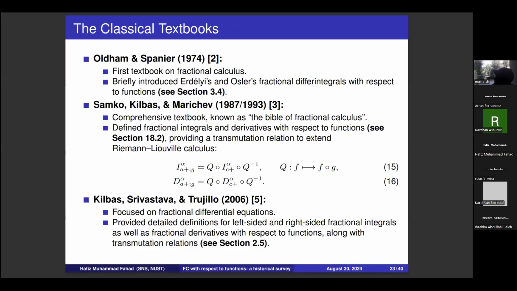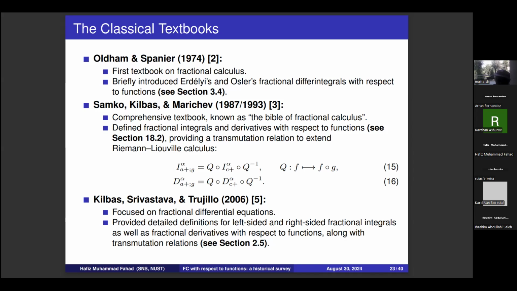So as far as the classical textbooks are concerned, Oldham and Spanier in 1974 were pioneers who published the first comprehensive work on fractional calculus. They briefly covered Ardali's and Osler's fractional differintegrals with respect to functions in their book, in section 3.4. And Samko, Kilbas, and Marichev produced a comprehensive textbook often referred to as the Bible of fractional calculus.